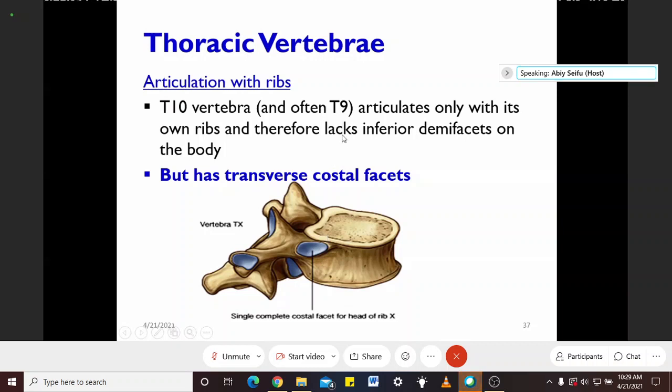Whereas the secondary ribs up to the ninth sometimes also have a demifacet, a superior and inferior demifacet. But here on the 10th, 11th, and 12th, there is only a single, complete facet that articulates with its corresponding rib.